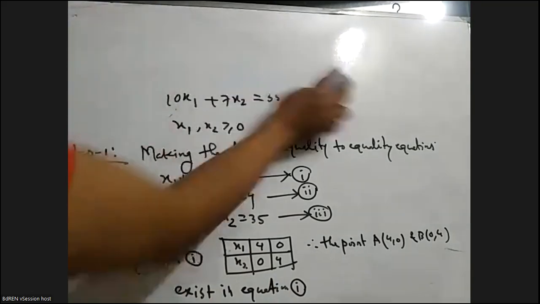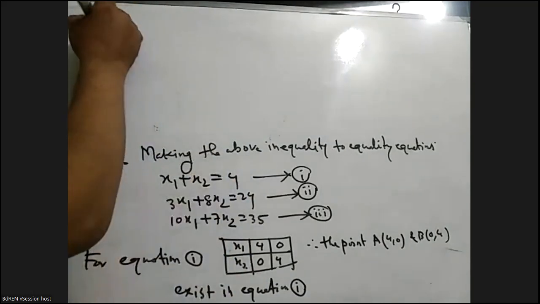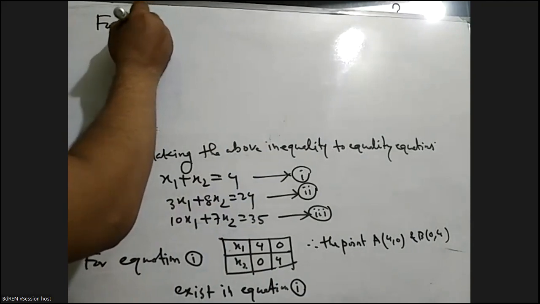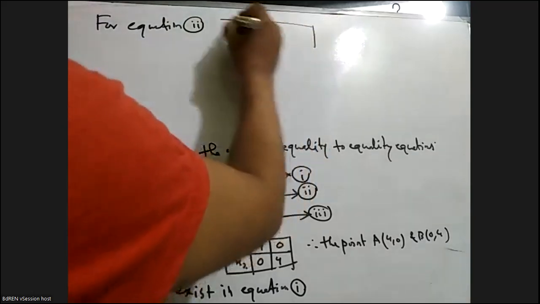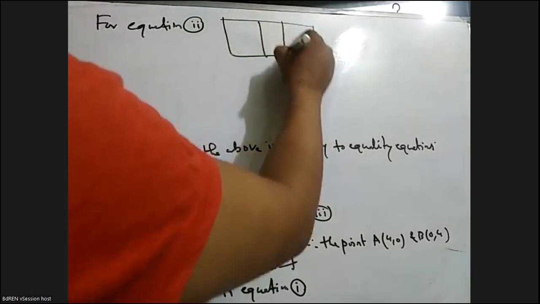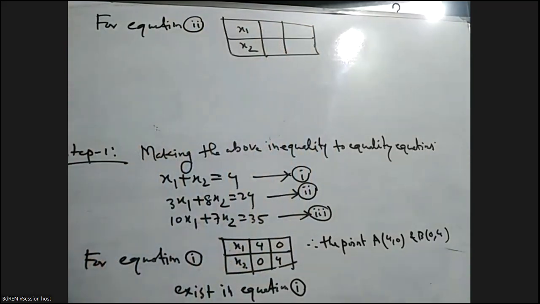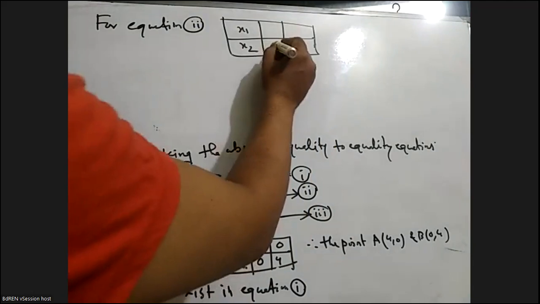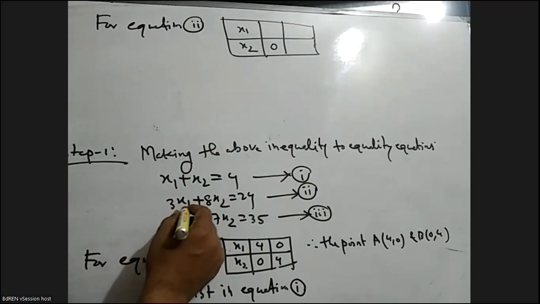Similarly, for equation 2, we can draw another box: one is x1, another is x2. If x2 equals 0 in equation 2, x1 equals 24 by 3, which is 8.